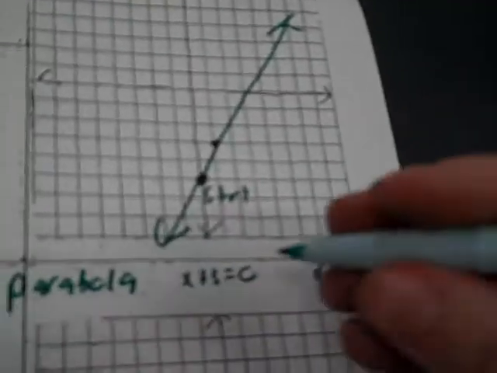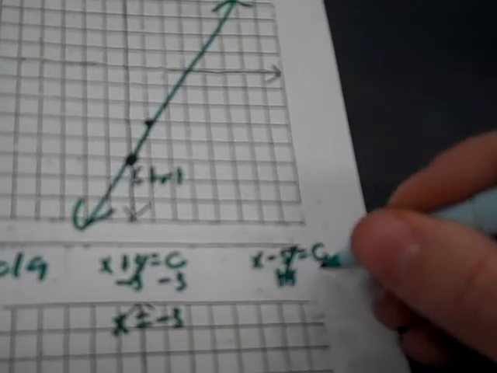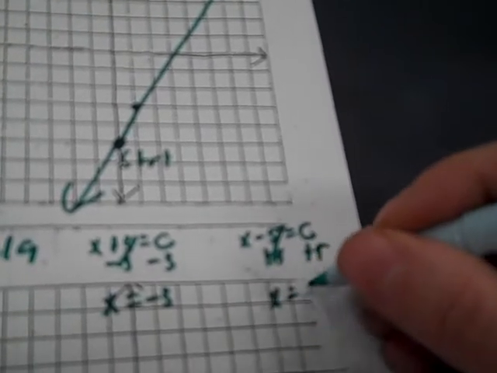Now I solve the little equations to find the first and third x. So minus 3, x equals negative 3. Plus 5, x equals 5. And that's the first and third x, so negative 3 and 5.